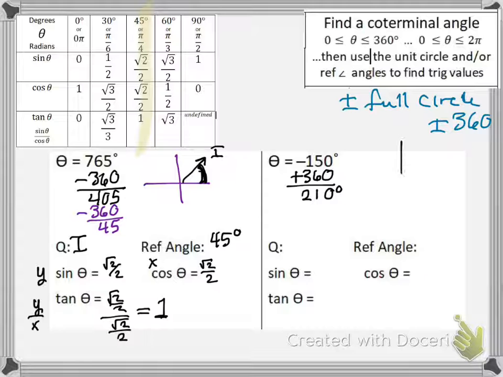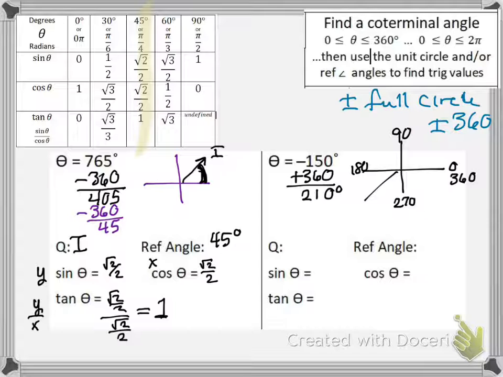Then I have to think about what quadrant that's in. If this is 0 and 180 and 360, is it closer to 180 or closer to 360? I don't know, but it's out here somewhere, because I also know that's 270. Helps to have those 4 parts memorized.